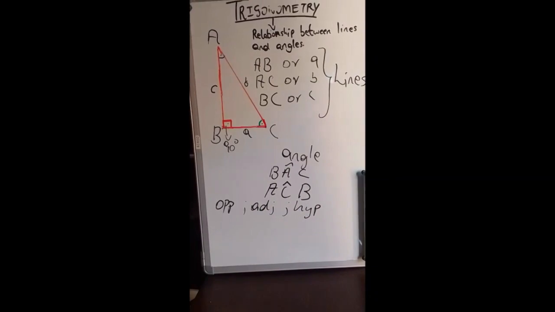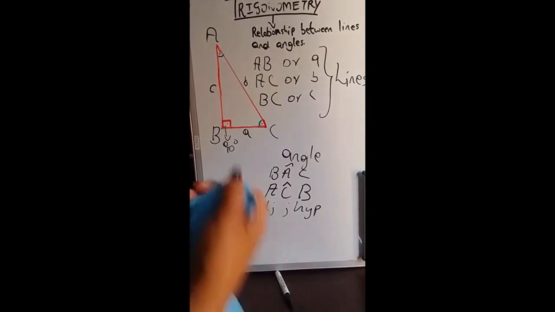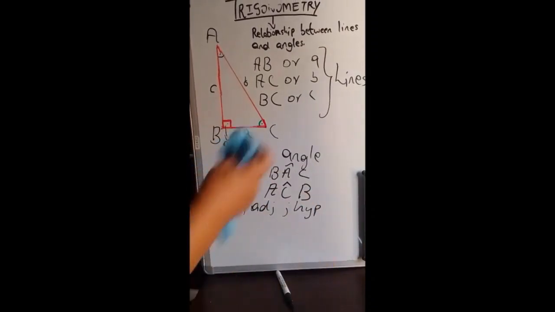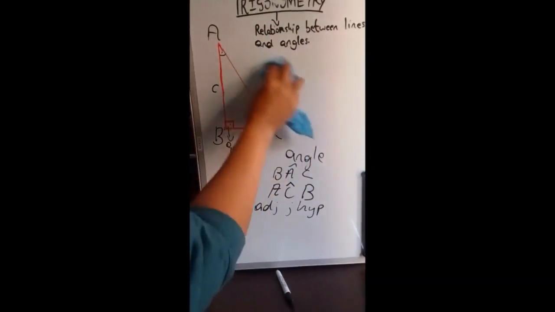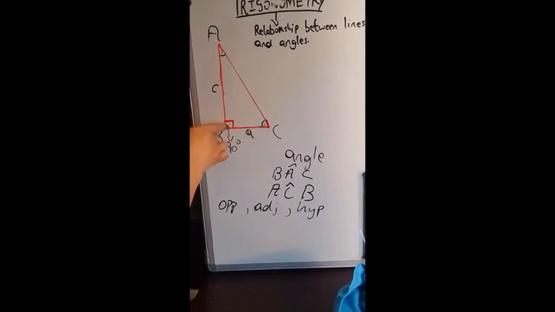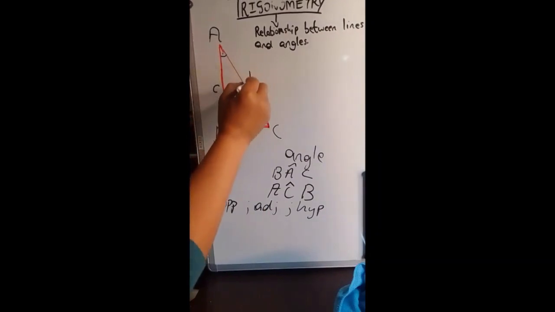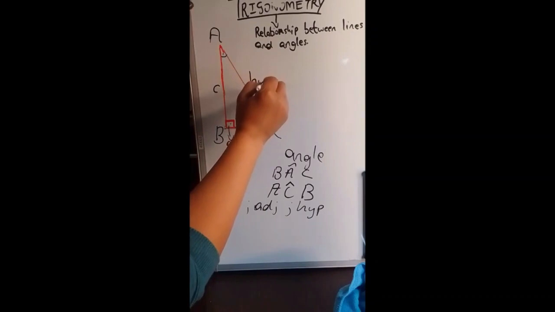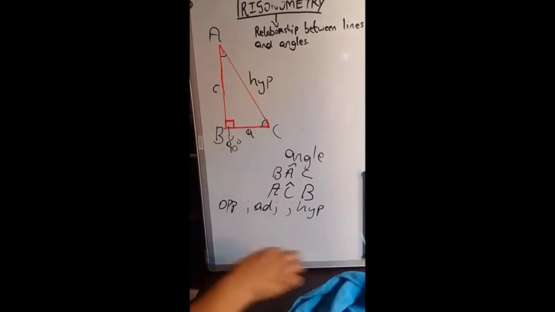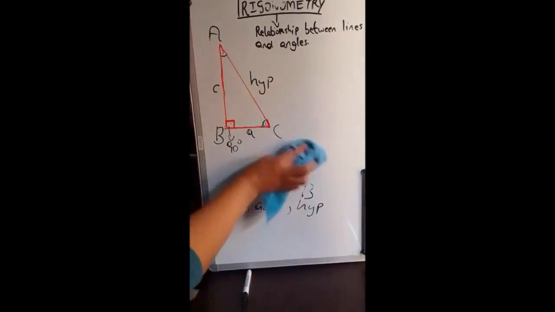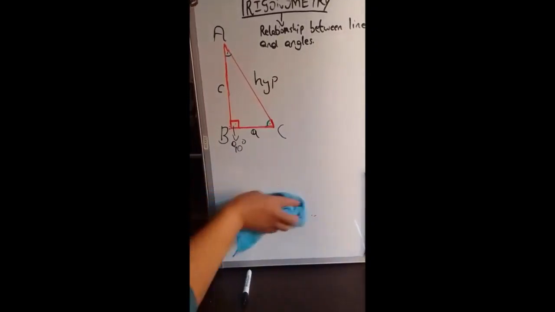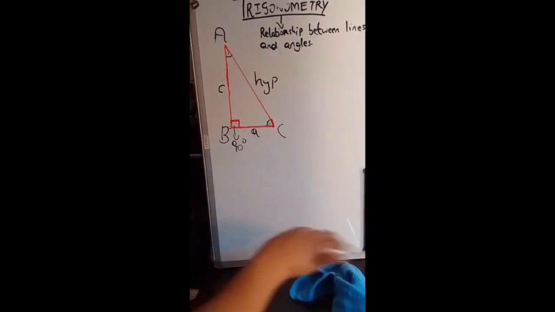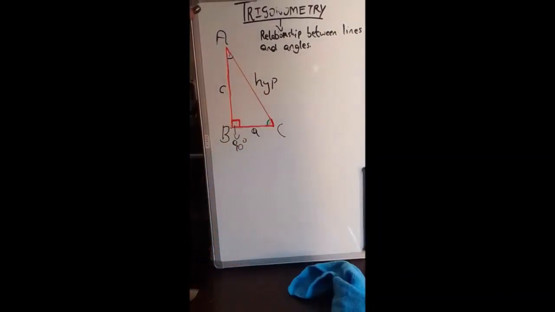The hypotenuse is the longest side of the triangle, the one always facing the 90-degree angle. So whether the angle we are referring to is BAC or BCA, the side that is facing 90 degrees will always be called the hypotenuse.